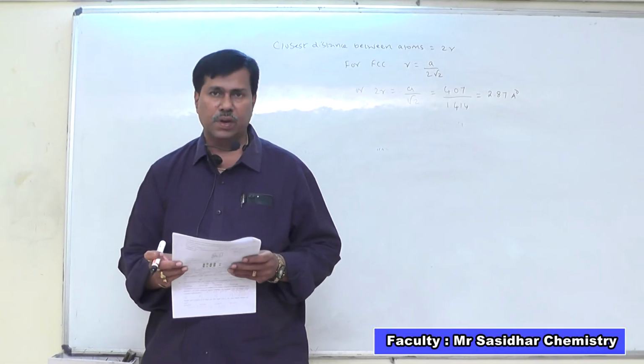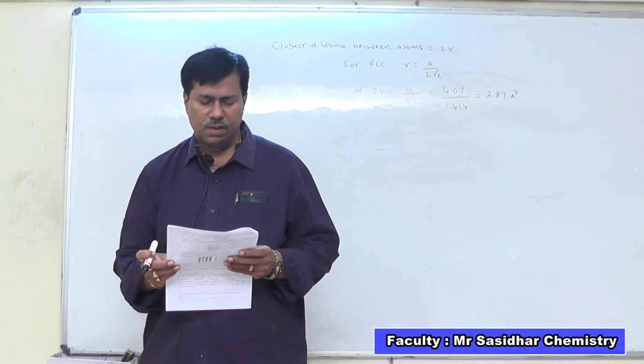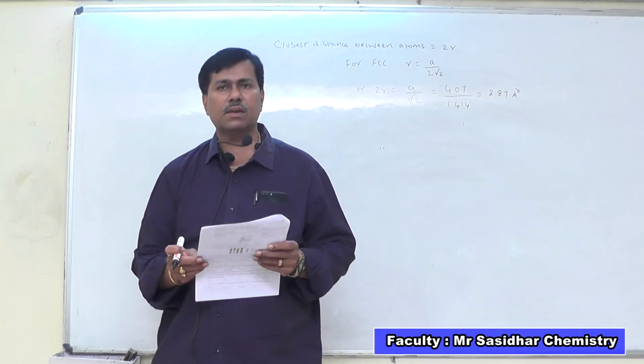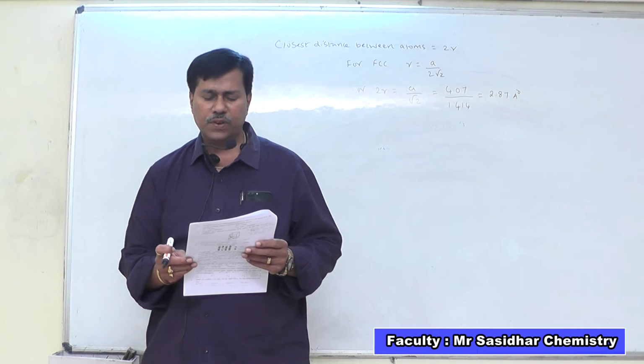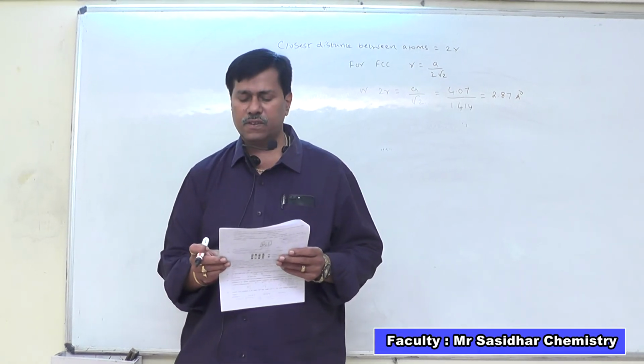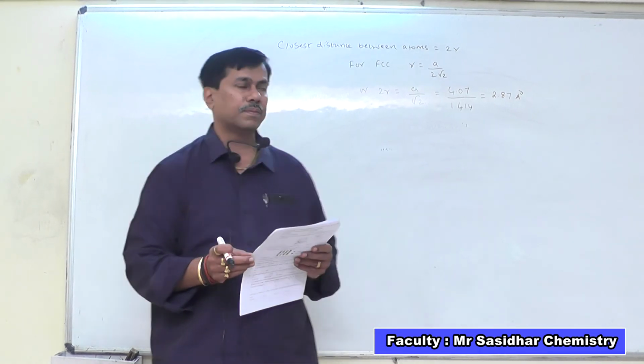Moving to question number 51. Nickel oxide is having a formula Ni 0.98 O. What fraction of nickel exists as Ni plus 3?